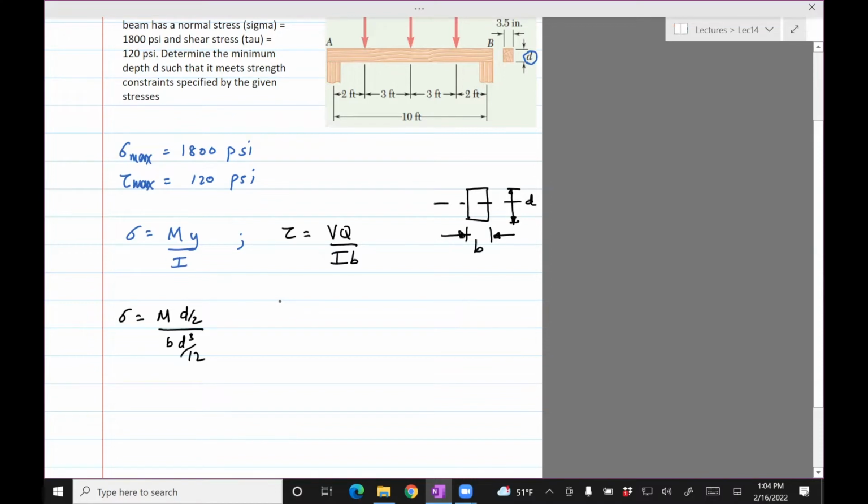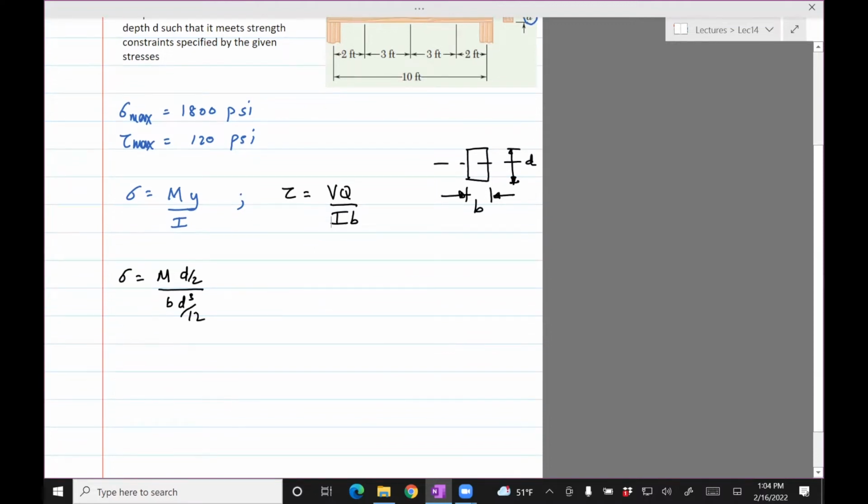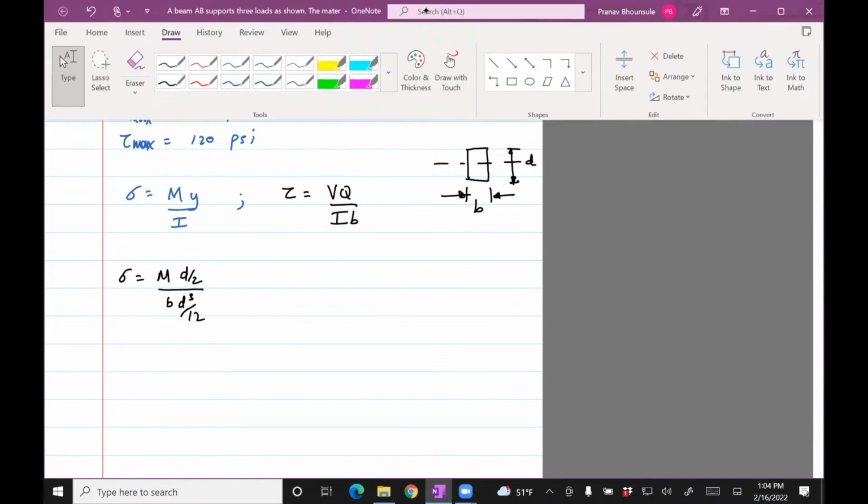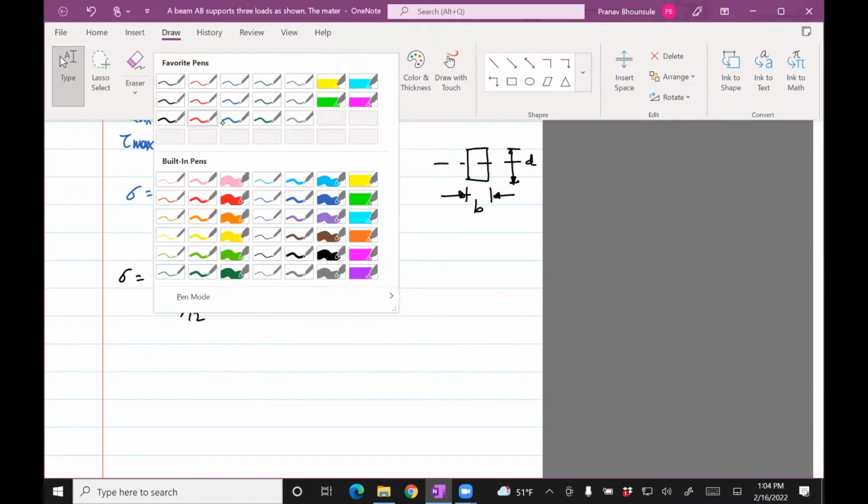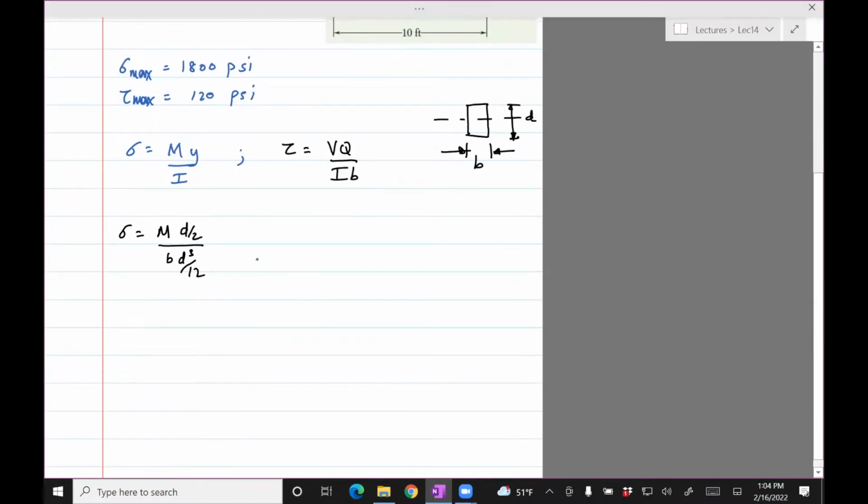And remember that the maximum stresses will occur at the outer and inner edges.